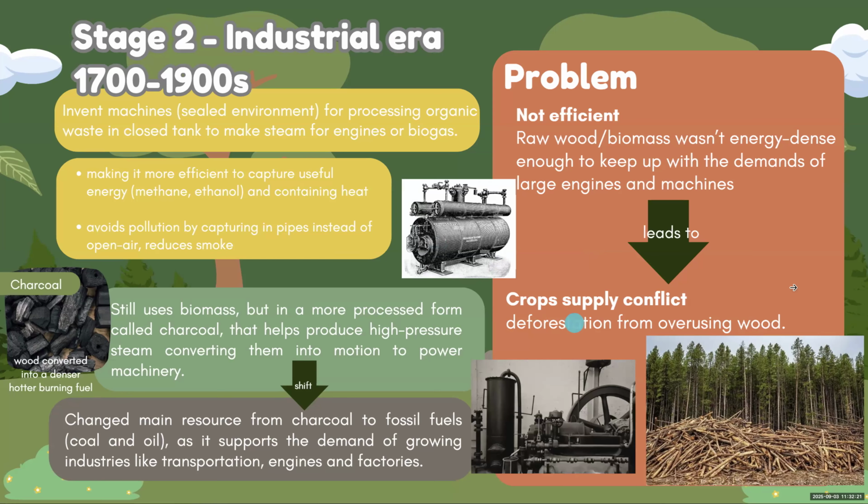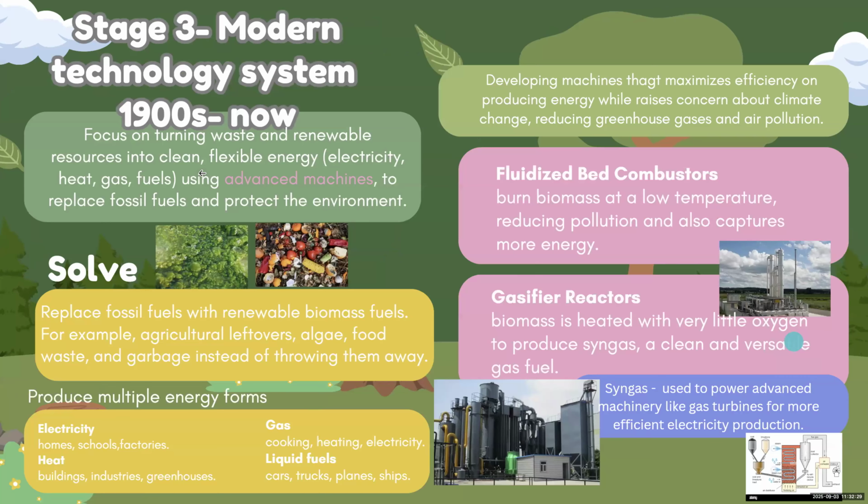And now in stage 3, modern technology, it focuses on turning waste and renewable resources into clean, flexible energy, using advanced machines to replace fossil fuels and protect the environment. In modern days, we are more aware of climate change and pollution, so we try to use clean energy. We solve it by replacing fossil fuels with renewable biomass fuels, for example agricultural leftovers, algae, food waste, and garbage instead of throwing them away.